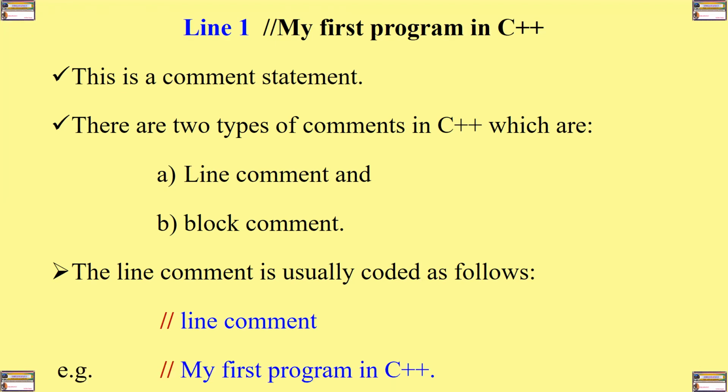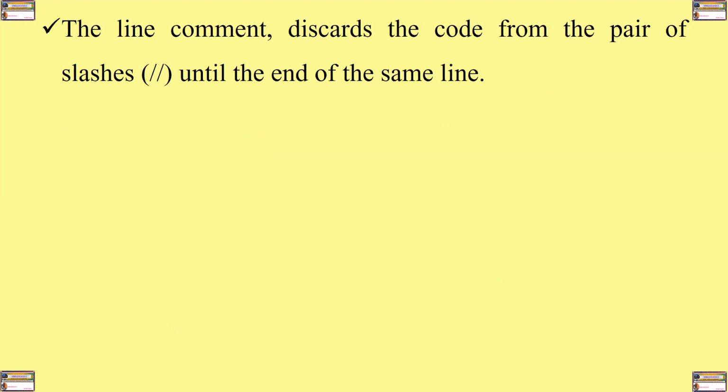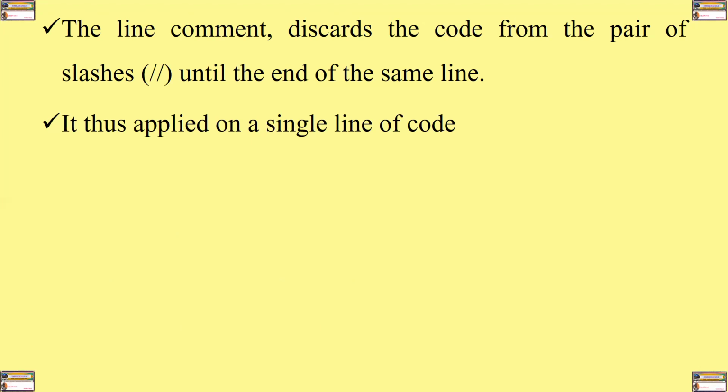So that's how you write a single line comment. The line comment discards the code from the pair of slashes until the end of the same line. It is thus applied on a single line of code, just as I have said.